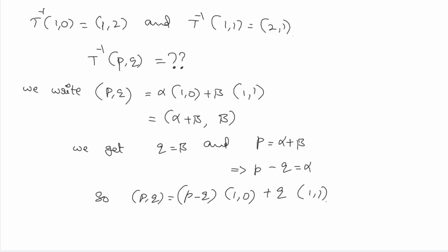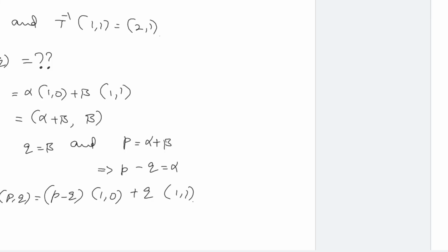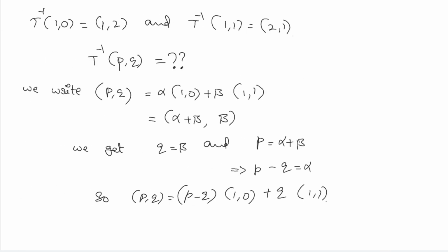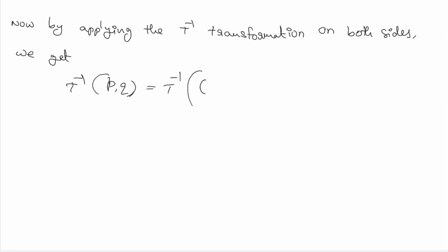Now by applying the linear transformation T inverse on both sides, we get T inverse of P comma Q equal to T inverse of P minus Q times 1 comma 0 plus Q times 1 comma 1, right?